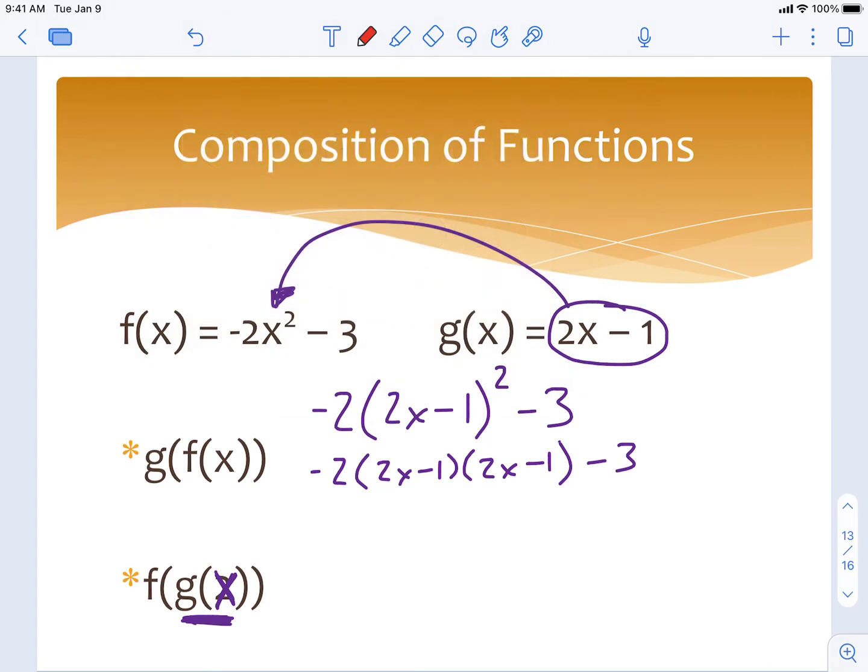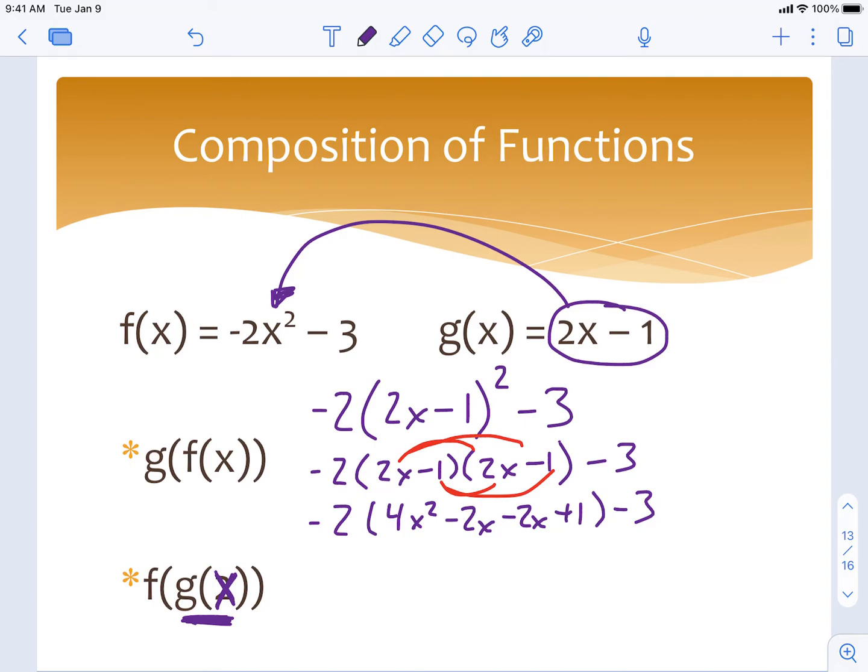We can FOIL, or if you prefer the box method, it's fine. You can do that too. That is -2. When we FOIL this out, it is 4x squared minus 2x minus 2x plus 1. And then there's still that minus 3 at the end.